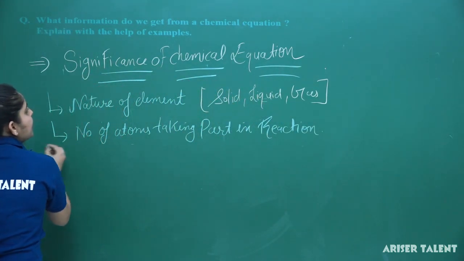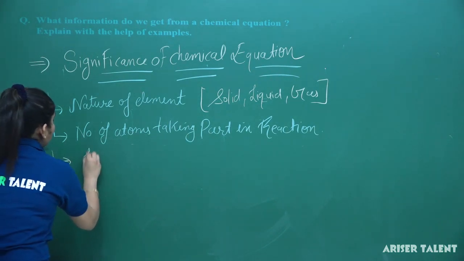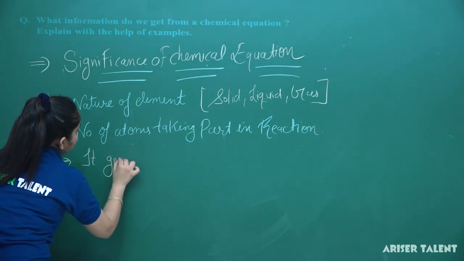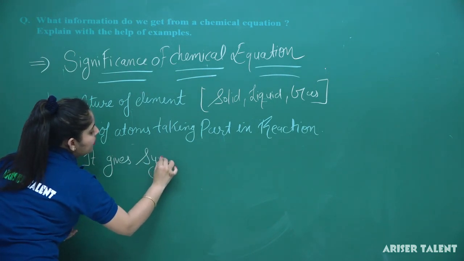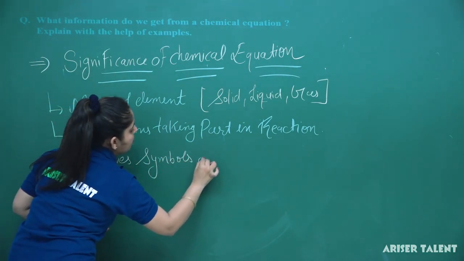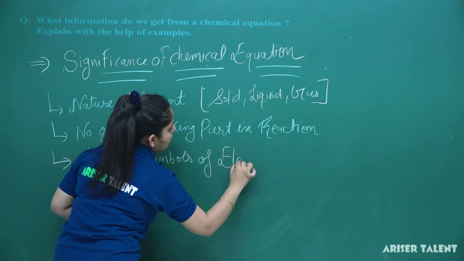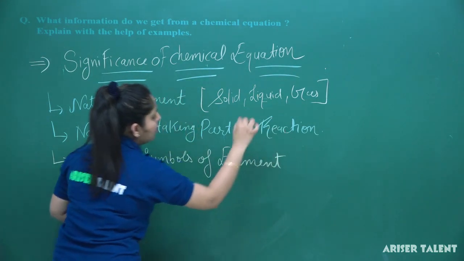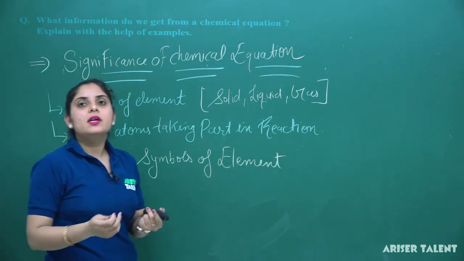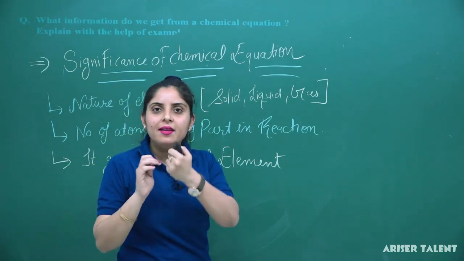Third point, what is the significance of the chemical equation is it gives symbols of element. And it also tells us about the condition of temperature, pressure and catalyst.